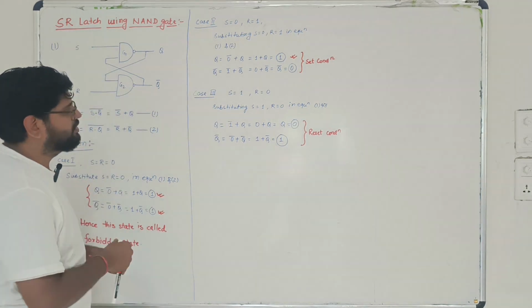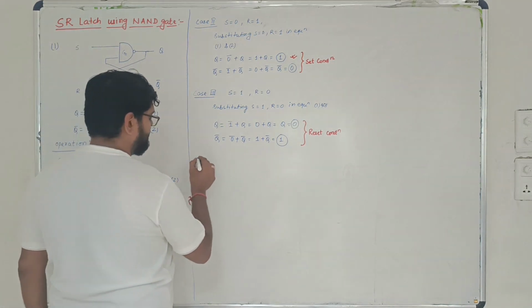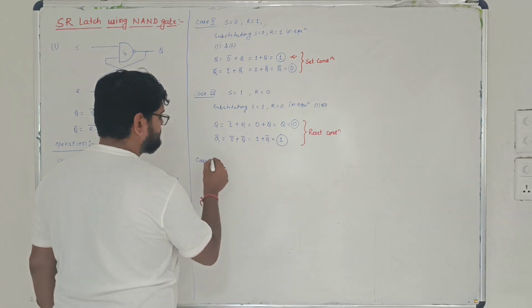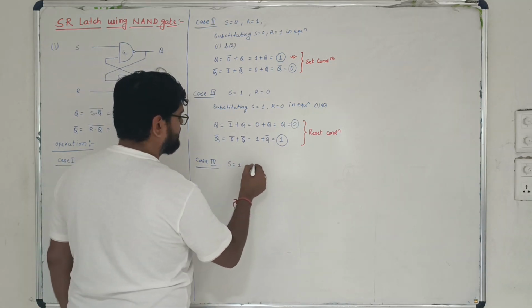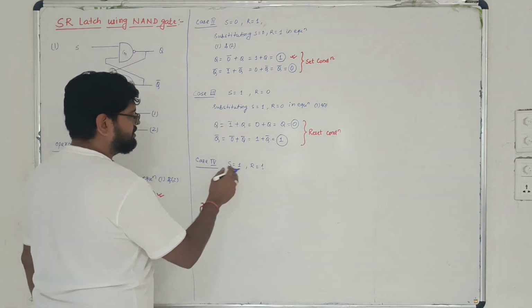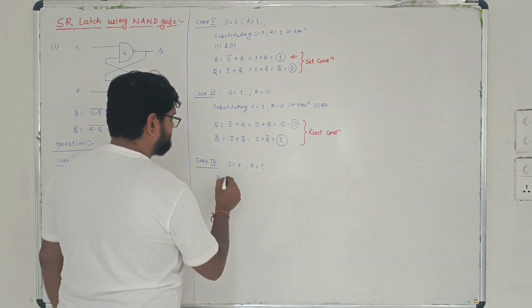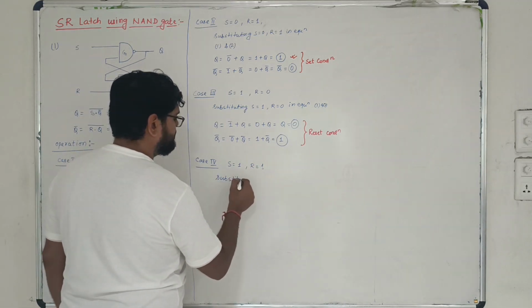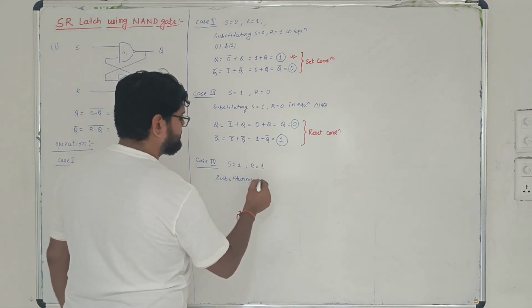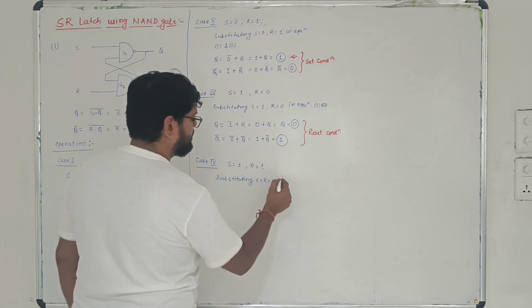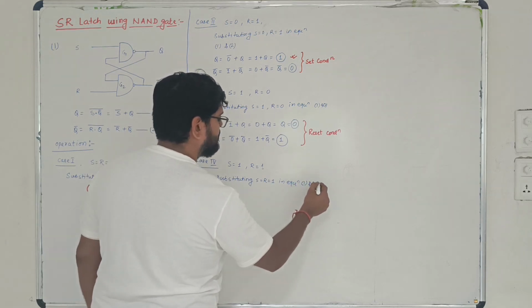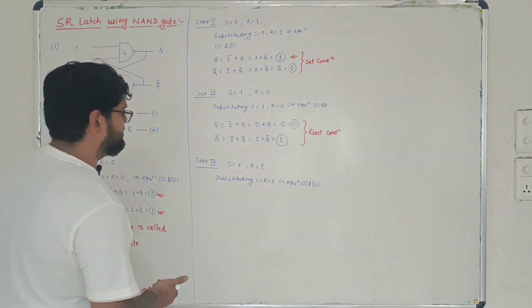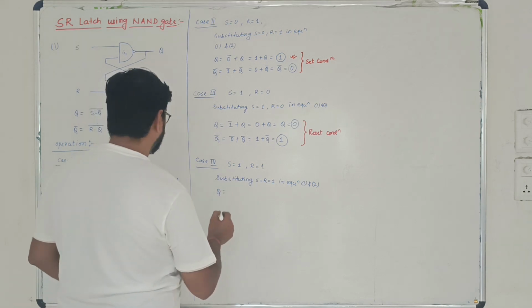Now the last condition, we'll go for case 4. In case 4, we'll write s equals to 1, r equals to 1. Now if s equals to r equals to 1, substituting s equals to r equals to 1 in equation 1 and 2. Now just have the substitution and we'll get the answer. So q will be equal to how much?